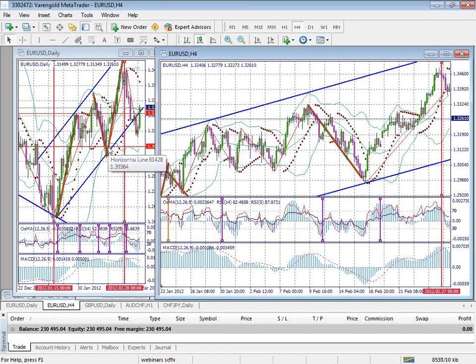The next wave will try to touch both lines of the channel. So the best anticipation will be all the time for the third wave. Okay.